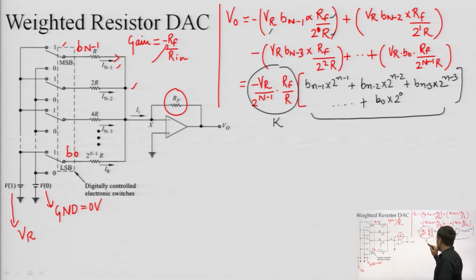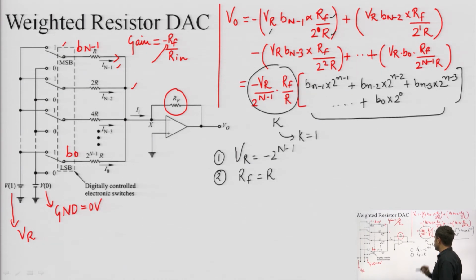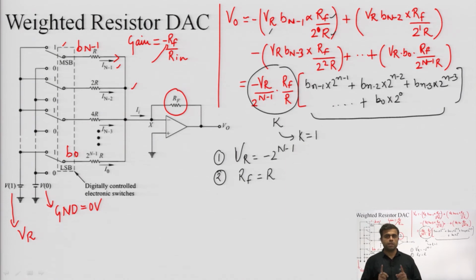But this K, if we are able to manage K equal to 1, we have to ensure that VR should be equal to minus 2 raised to power n minus 1, as the first requirement, and the second requirement is that Rf is equal to R. If these two requirements are satisfied, then the remaining part is inside the bracket, and the part inside the bracket is exactly equivalent to your binary to decimal conversion, which is directly related to digital to analog conversion.